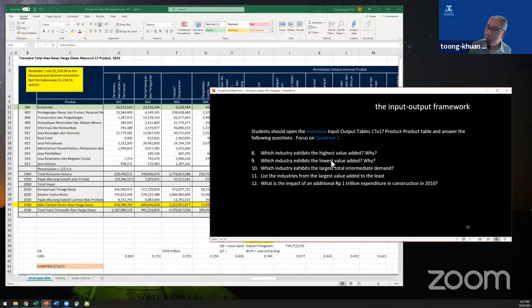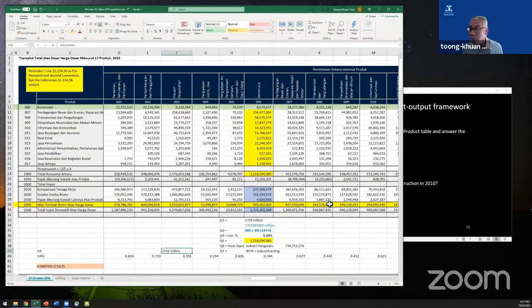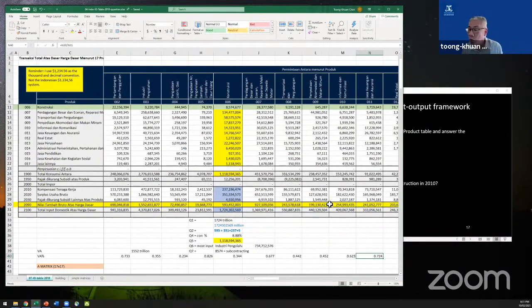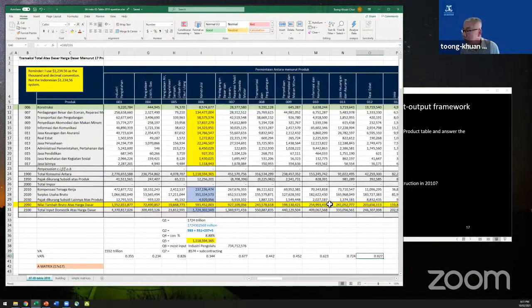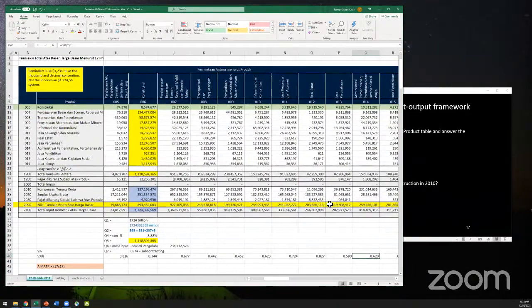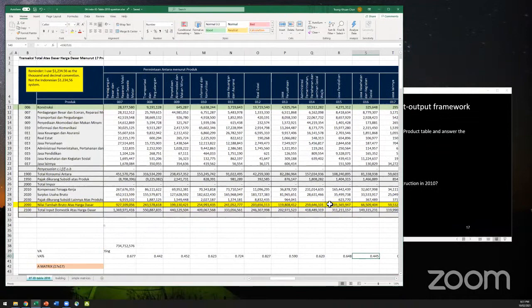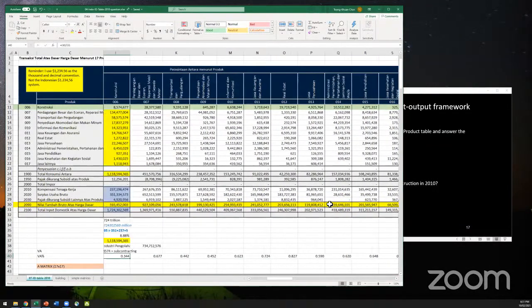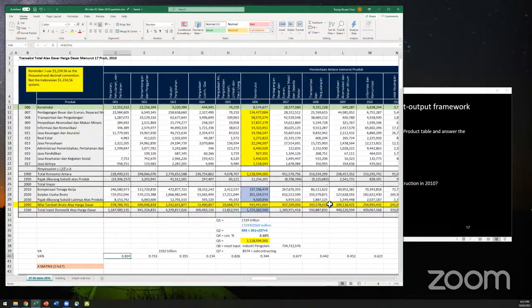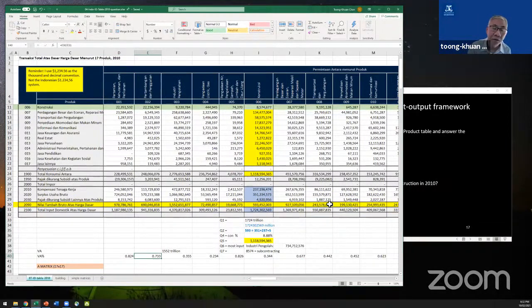Which industry exhibits the lowest value add? Let's look at it in terms of percentage. So what is the lowest value add in terms of percentage? Mining? No, mining is very good. Mining and agriculture are very good.